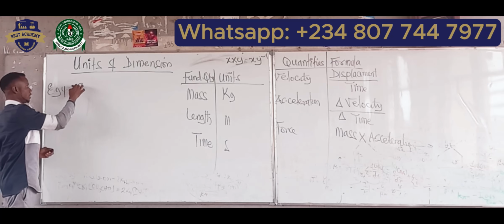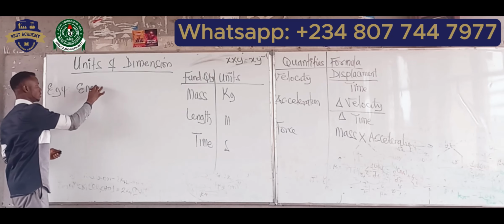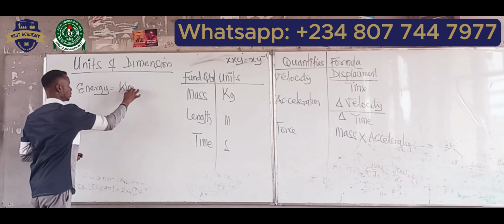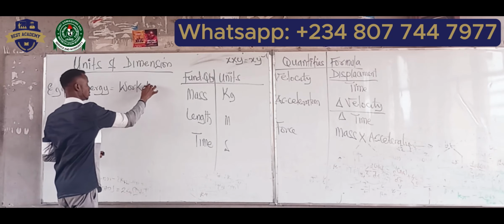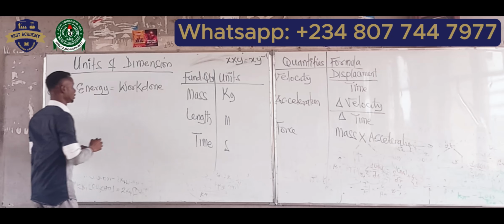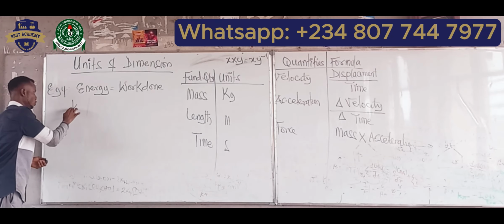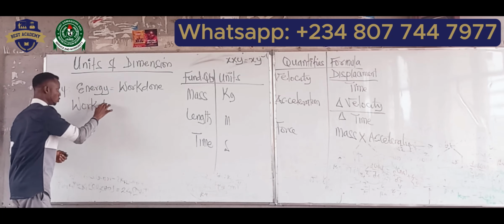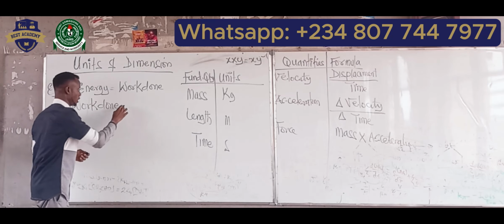So the formula for energy is also the same as work done. Please take it. Since it's the same as work done, what is the formula for work done here?